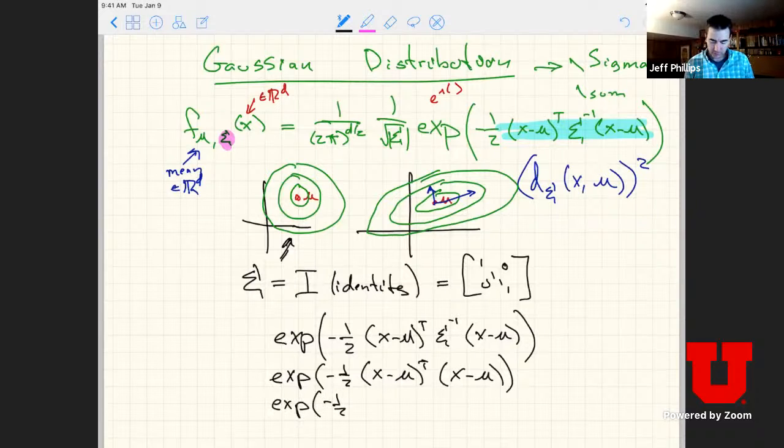So this is really the dot product between x minus mu and x minus mu, and the dot product of a vector with itself is just the norm squared. So that's ||x minus mu|| squared.